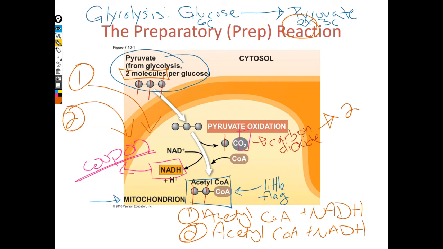Okay. So we're going to put the 2 NADHs in our piggy bank. Remember, we're saving up those coupons for later. Okay, but now I have 2 acetyl-CoAs to run into the citric acid cycle with.